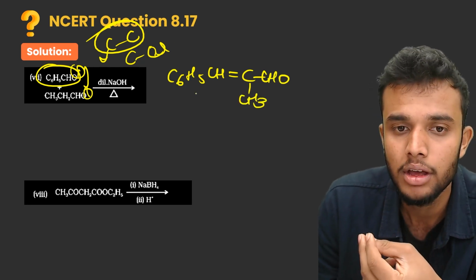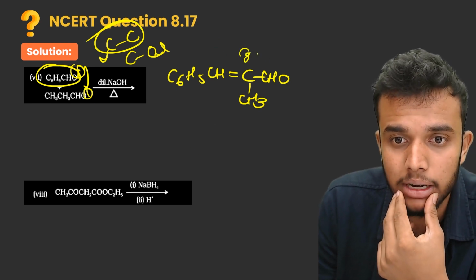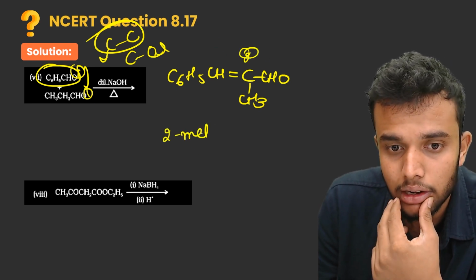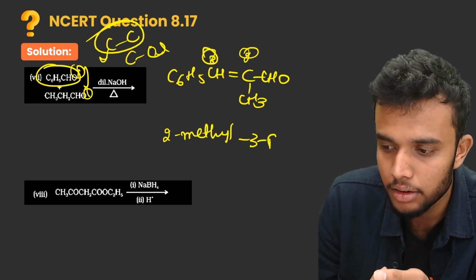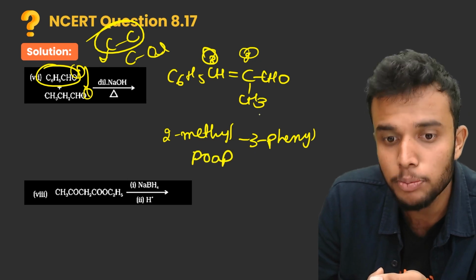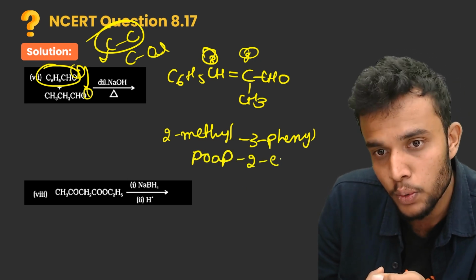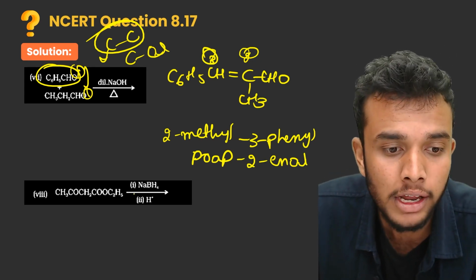Come on, let's name it. At the second position, a methyl group, 2-methyl. At the third position, a phenyl group, 3-phenyl. Prop-2-enal, with the ene at the second position and an aldehyde group. Right? Next, move on to the next one.